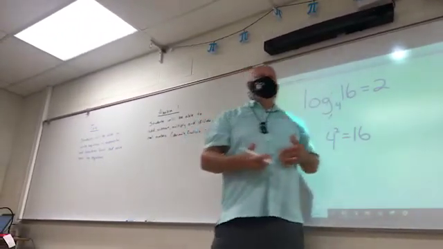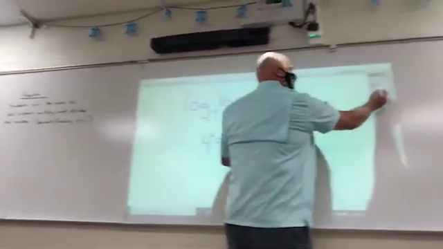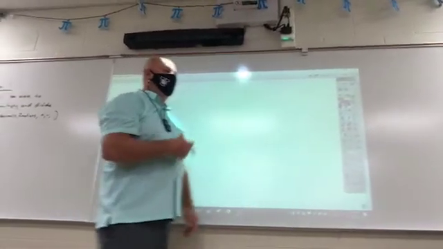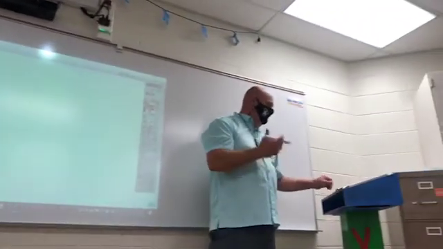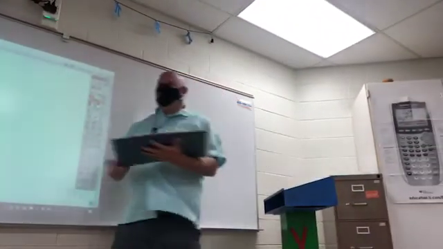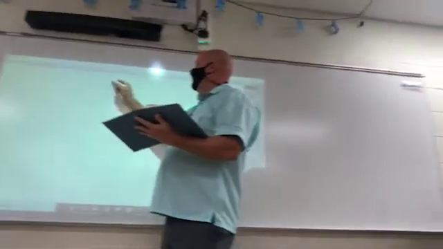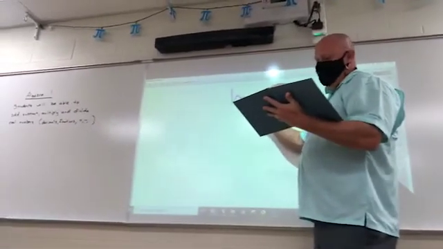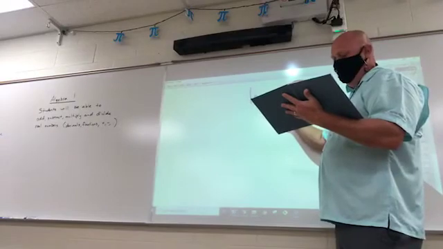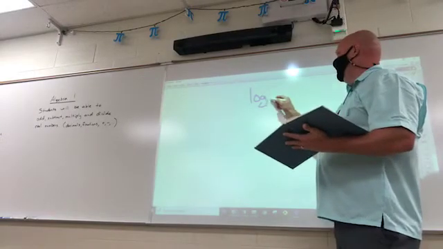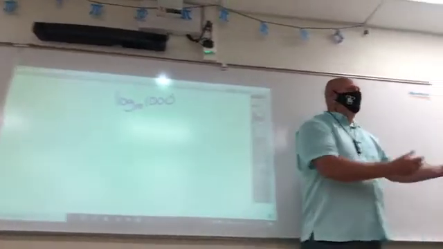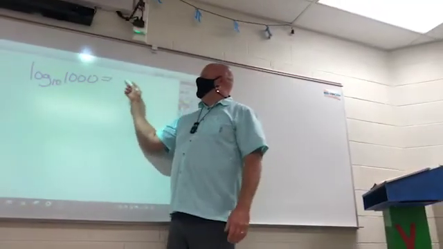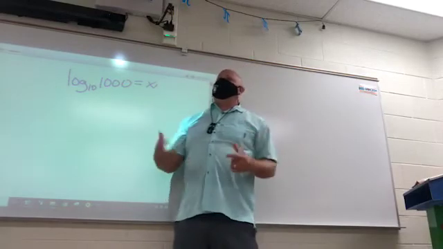Once we start understanding how logs work, we can start actually manipulating and solving a few logarithms. Like, what would log base 10 of 1,000 be? Well, if I set that equal to x, what is it asking?